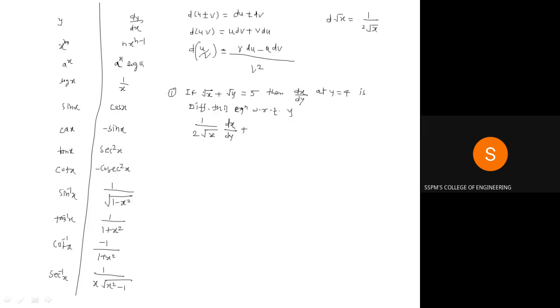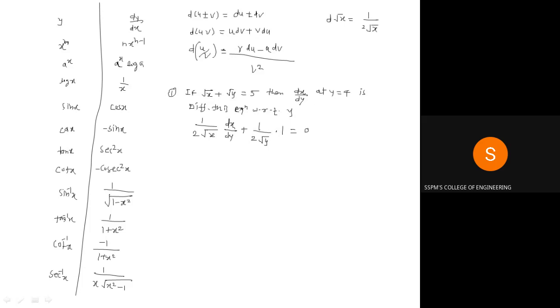So the derivative is 1 by twice into root of x times dx by dy, plus the derivative of root of y, 1 by twice into root of y. पहले आप लोगों को फंक्शन का डेरिवेटिव लेना है, और y का डेरिवेटिव विथ रिस्पेक्ट टू y 1 होता है. And what about the derivative of constant? It is 0.